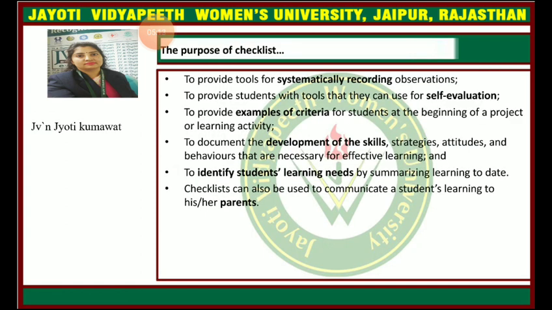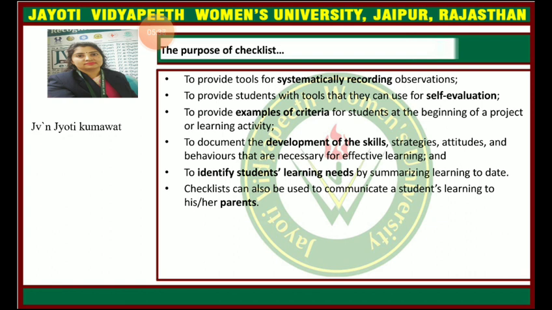Now, what is the purpose of a checklist? There are some specific points given for that. First, to provide tools for systematically recording observations. We can systematically record observations by the checklist. To provide students with tools that they can use for self evaluation.